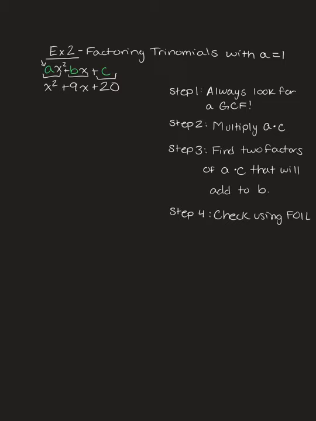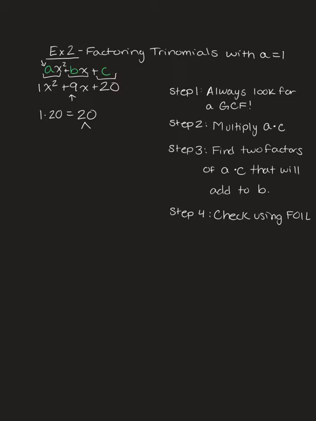Step 2 means multiply a times c. My a value here is 1, so I will multiply 1 times 20, which is 20. The next step is to find two factors of a times c that will add to b. So I want to find two numbers that multiply to 20 but add to 9.